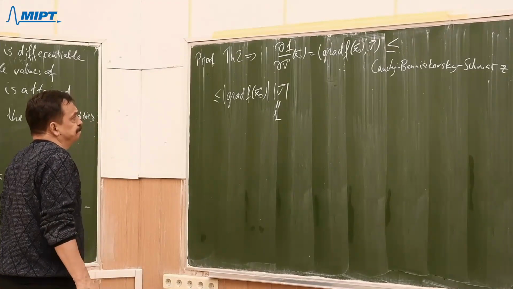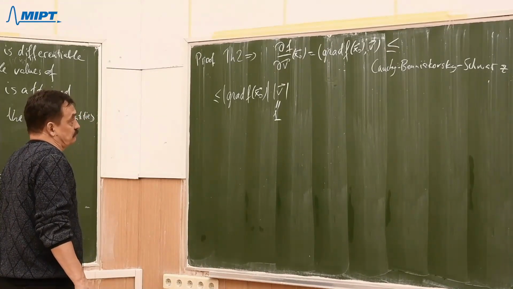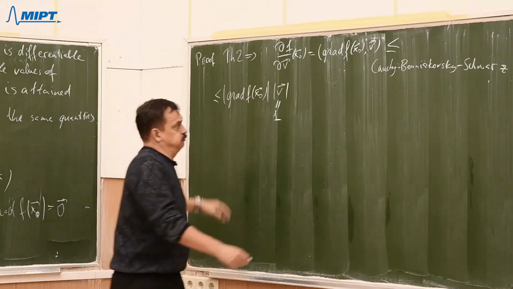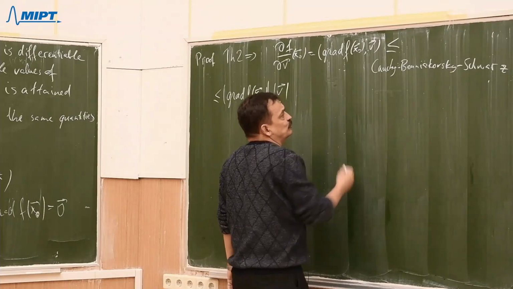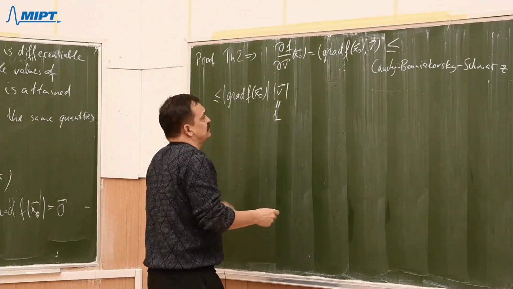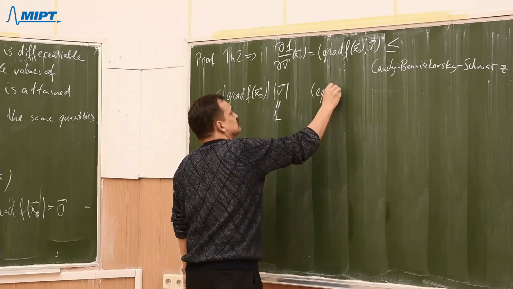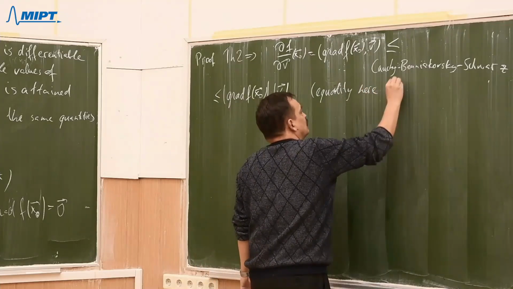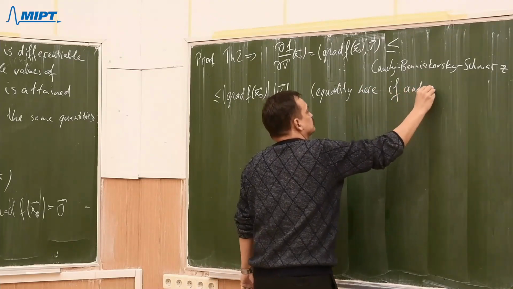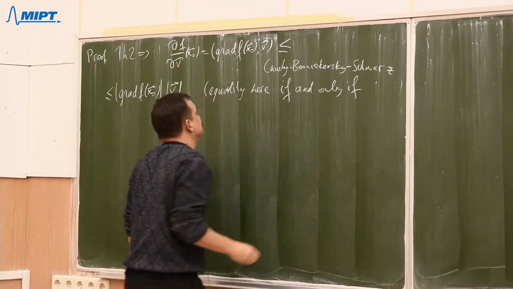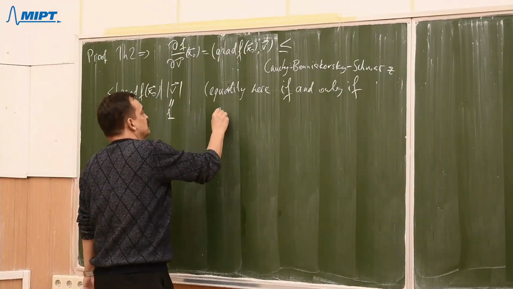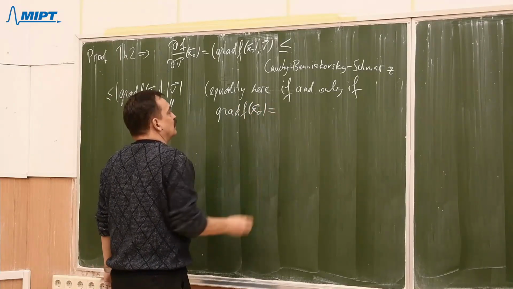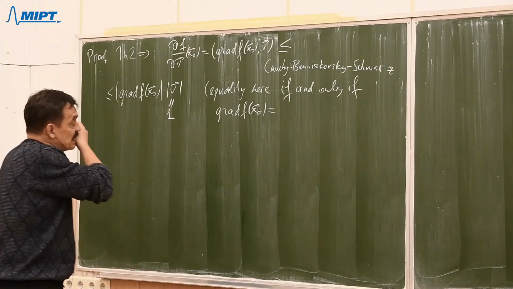And what remains? When do we have equality? Equality in the Cauchy-Bunyakovsky-Schwarz inequality takes place if and only if gradient is equal to a constant times v.